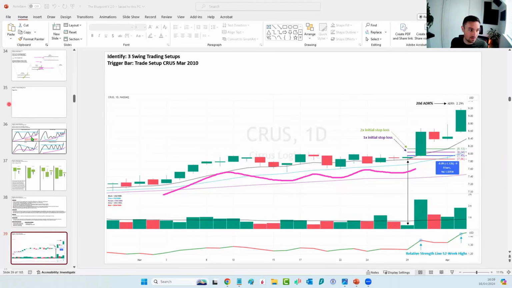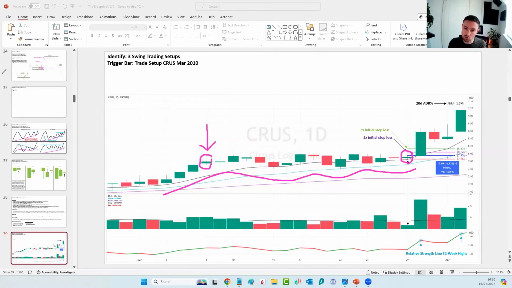Because if you look at this here, if I use some of these tools and circle this bar, this bar does not look dissimilar to the bar we're pointing at over here in the trigger bar. But it's the context. This is what hopefully you'll get a lot out of in this trading course. It's not just what's happening, but where it is happening.